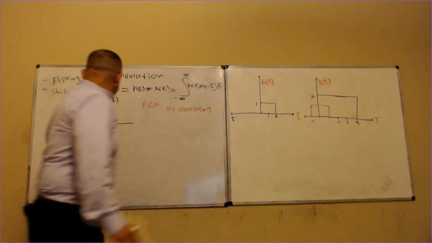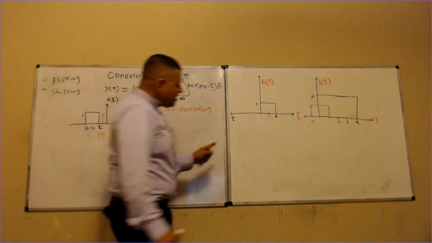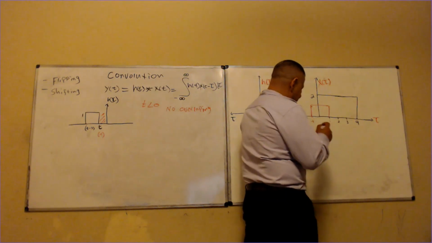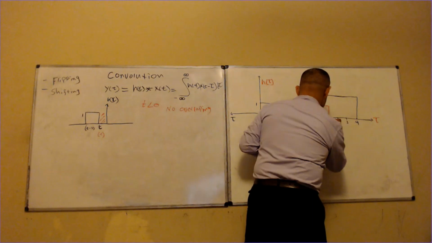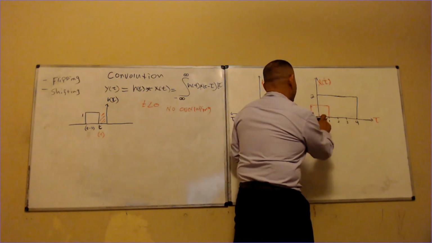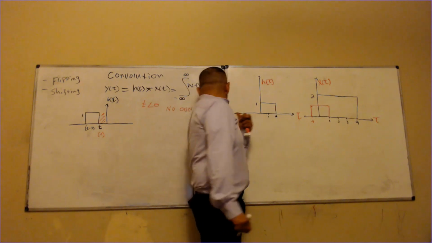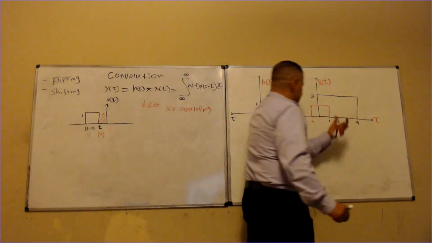So right here was nothing because t is still less than 0. Right here, when we move this from -1 to +1, which needs 2 units, this has been moved after being flipped. Now this has been moved to the other side.